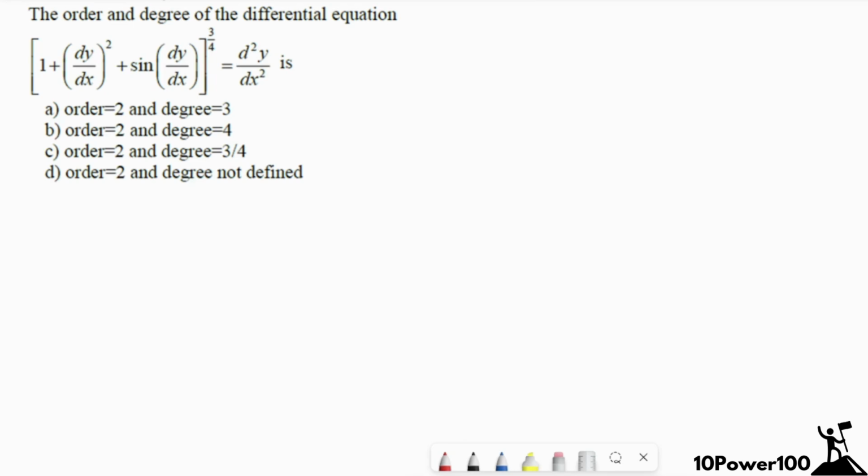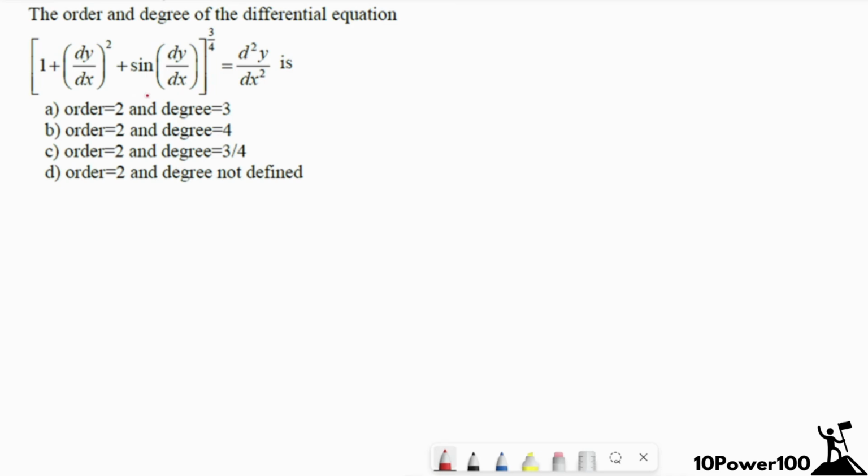Next question: the order and degree of the differential equation. The equation is 1 plus dy by dx the whole square plus sine of dy by dx the whole power 3 by 4 is equal to d square y by dx square. We have solved similar kinds of questions in the last CET class. So let's see how to solve this. Very simple.